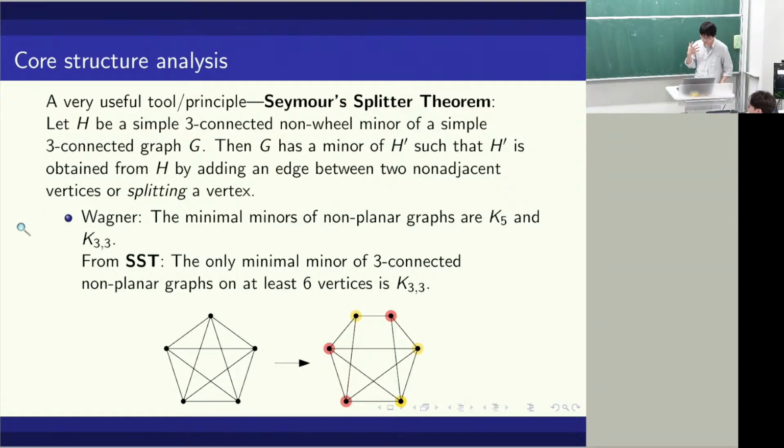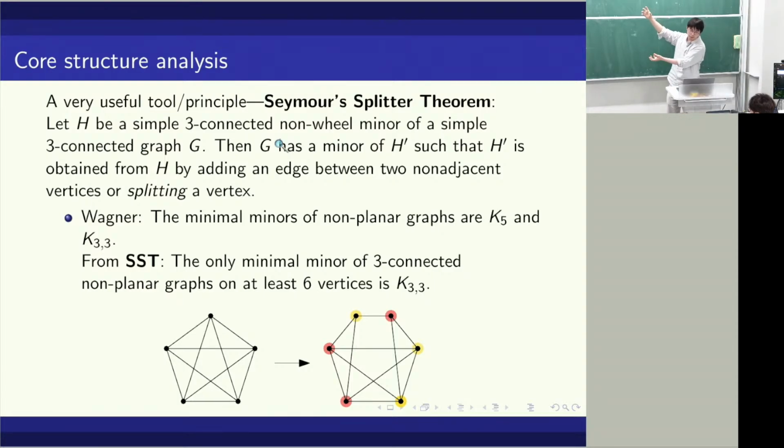So how to do this? There is a very useful tool called the Seymour splitter theorem. The Seymour splitter theorem says that if we have a 3-connected graph, and this 3-connected graph contains a minor of another 3-connected graph, you can imagine that I start from a bigger graph, I do some deletion and contraction, and it goes smaller until I get a minor of another 3-connected graph.